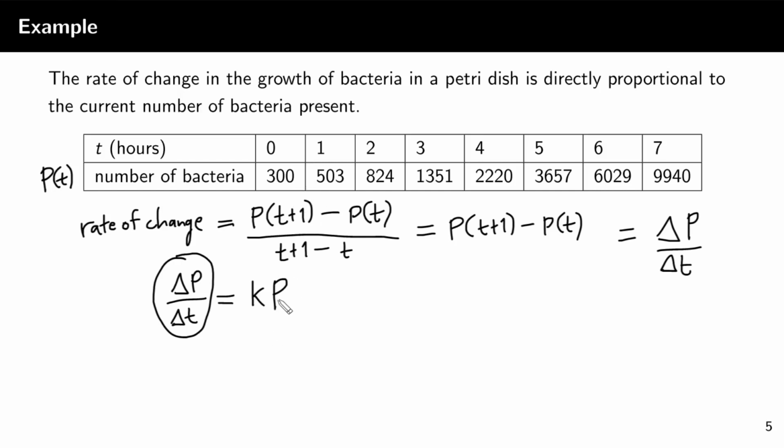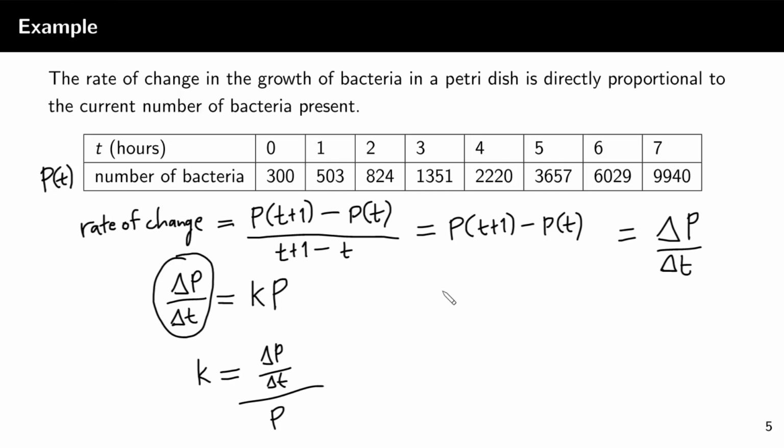Okay. So, you might be wondering how the biologist actually made this observation. Well, if you look at this, so let's do some computations here. We can actually estimate the value of K. So, K is just equal to delta P over delta T divided by P. So, let's do some computations here. Let me just open my calculator. Okay.